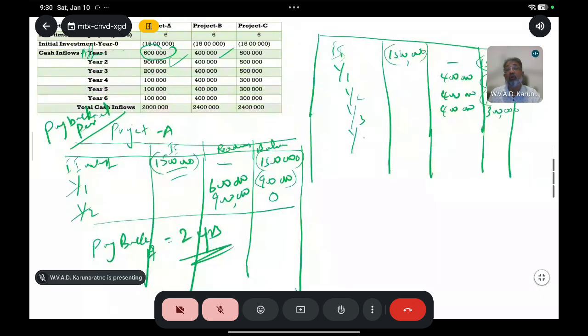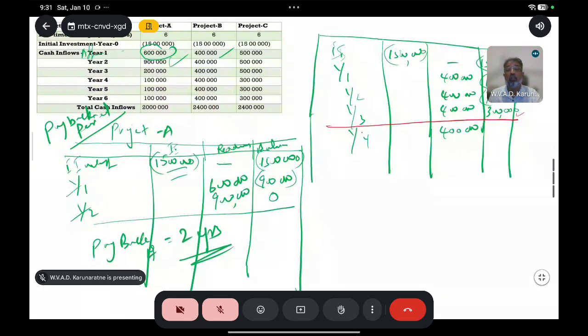In year 4, we can recover 400,000. Now this is the line where we need to stop our process. Why? Here we have to recover 300,000, but in the next year we can recover more than that. That is the point where we draw this line.